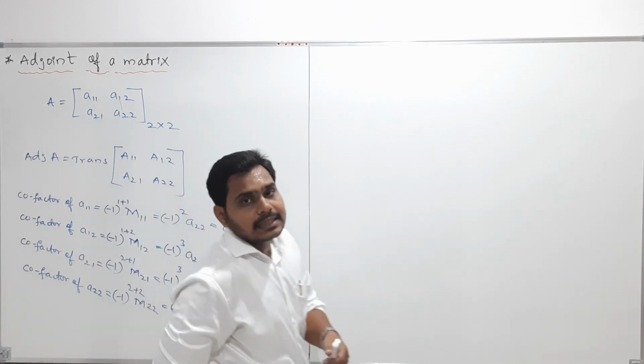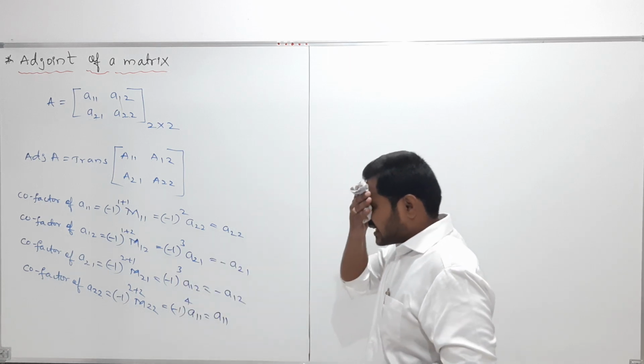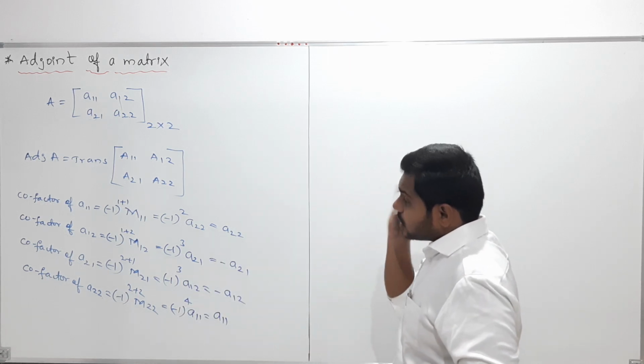Clear? So my students, like this you can calculate the cofactors. But what is the adjoint of A?